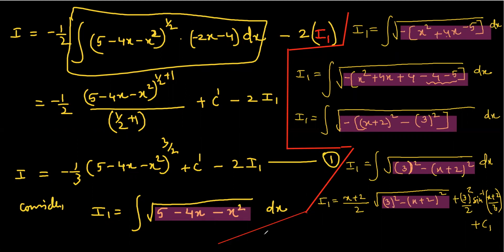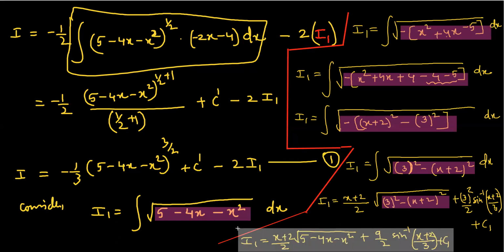So here I get I1 equals (x plus 2) upon 2 times the square root of 5 minus 4x minus x squared, plus 9 by 2 sine inverse of (x plus 2) upon 3, plus c1. This is I1. This is finally the I1 you got.